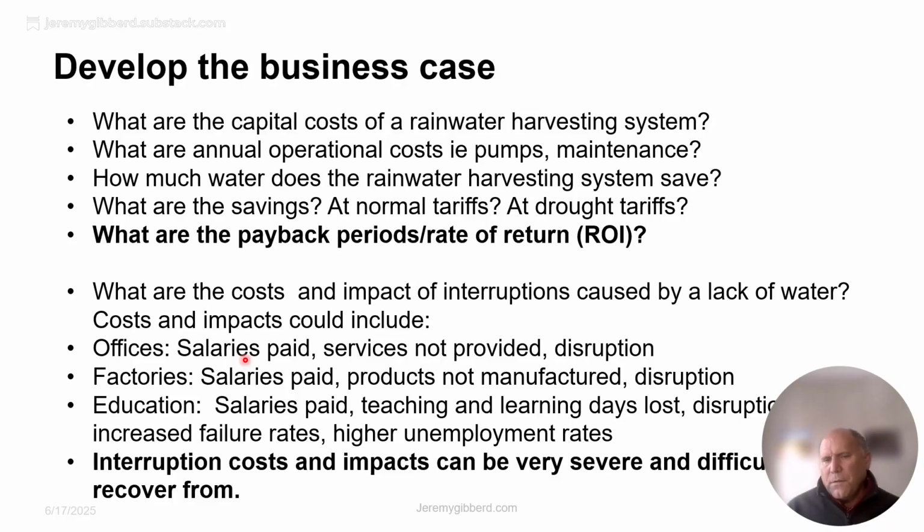Develop the business case, very important. Someone's going to have to pay for your rainwater harvesting system. So do the calculations, work out the capital costs, work out the operational costs, look at tariffs, both for consumption as well as for sewerage, because you can add those together to get the overall amount.